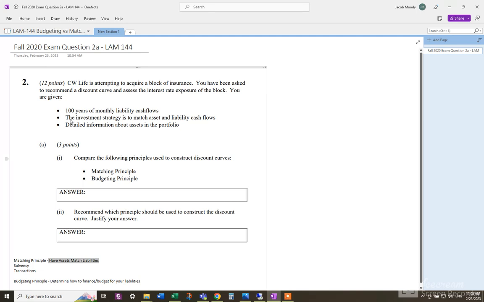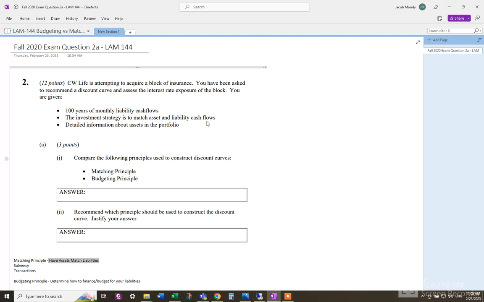It would also be really good for the second bullet point right here. The investment strategy is to match asset and liability cash flows. What's nice about it too is that you can look at the transaction costs. Maybe you have some assets in there that are pretty illiquid. You've got to consider that in the transaction costs there.